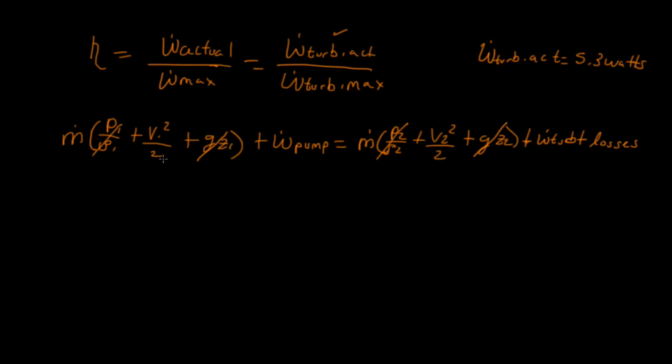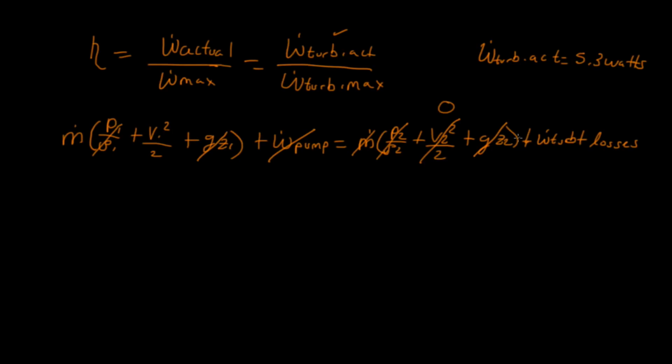Okay. Now on the left side, this is where we're illustrating our fluid moving, and our fluid is moving with some velocity. So this guy's going to stay. But as far as I can see, I don't see any pumps in my system, so I'm going to take that out. And on the right-hand side, there's no fluid moving, so I'm going to get rid of that. This whole thing just goes to 0.